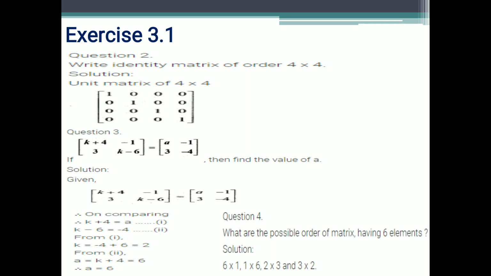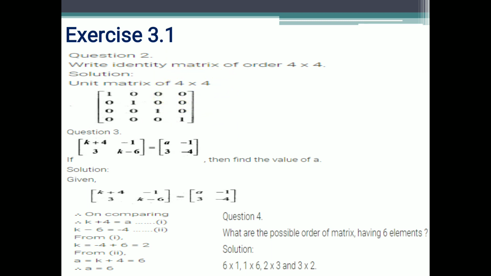You can go back to the video, to that portion where I have explained, if you have not understood, and check the diagonal here. All the elements of the diagonal here are 1, correct? So this matrix is the identity matrix of order 4 cross 4.